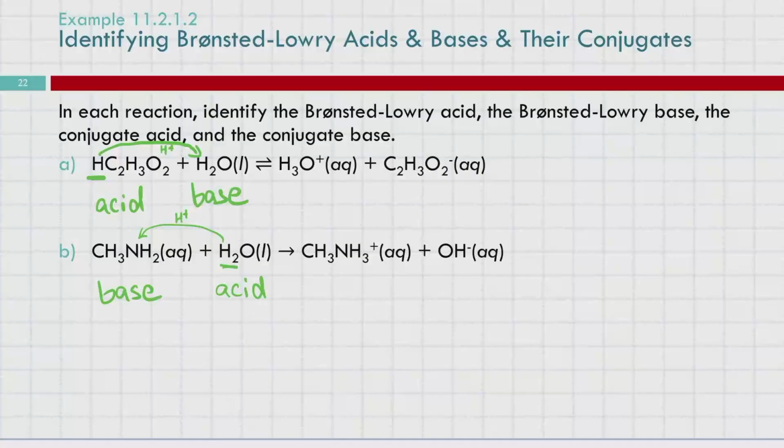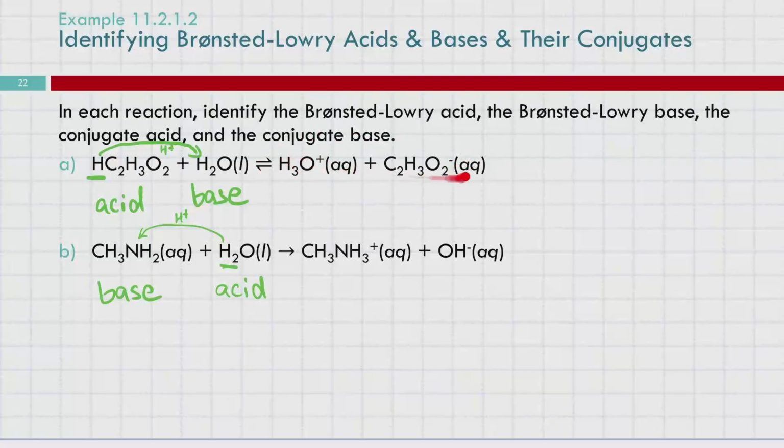Great. Conjugate acid, conjugate base. Our HC2H3O2 is an acid. What pairs with an acid? Conjugate acid or conjugate base? Conjugate base. Conjugate base pairs with acid because those are the other two words that show up in the phrase conjugate acid base. So we're looking for the conjugate to the acid, which is the conjugate base. Which one of these two things on the product side looks most like HC2H3O2?